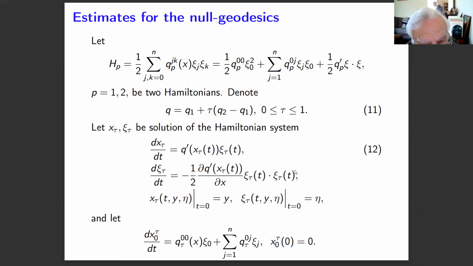And the initial condition for t equals 0 is y and eta for all tau. This initial condition doesn't depend on tau. So this is only part of the system, Q prime.